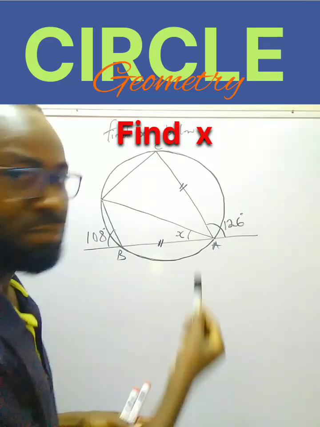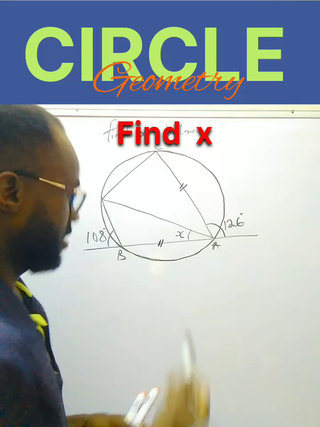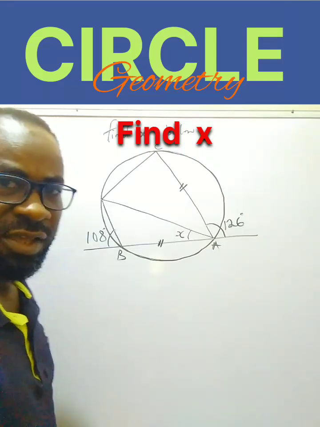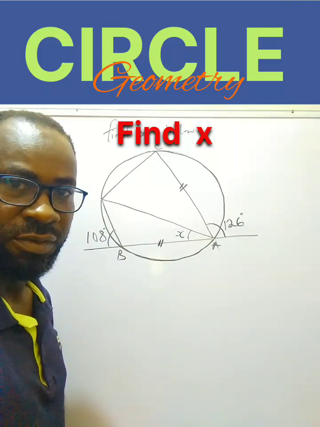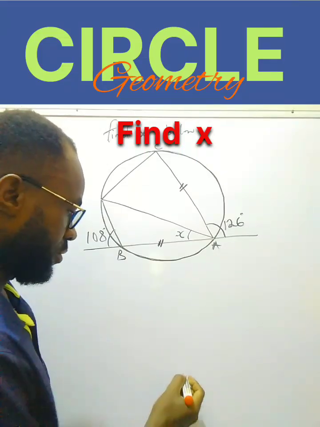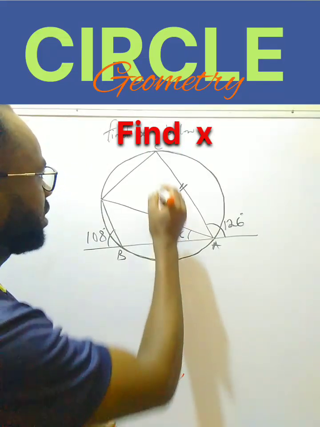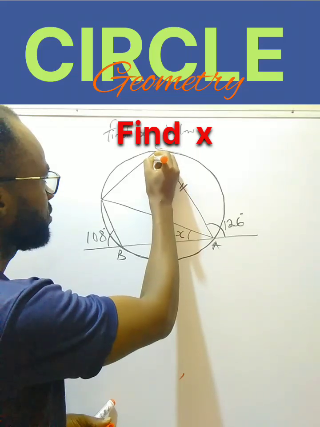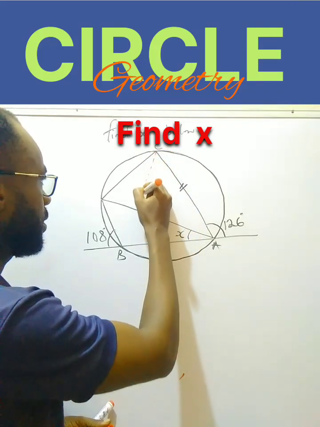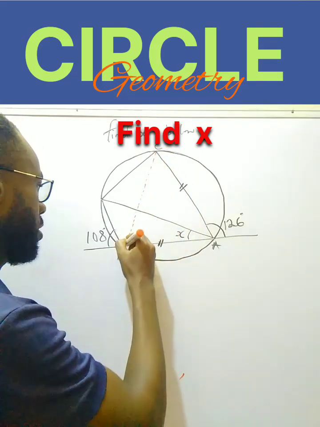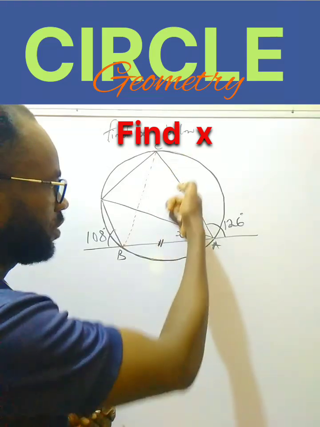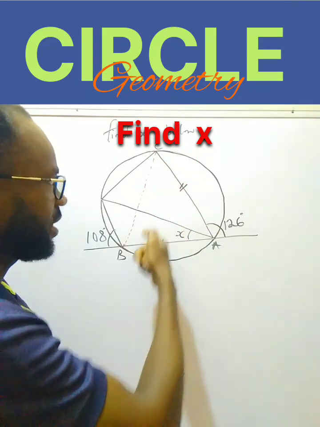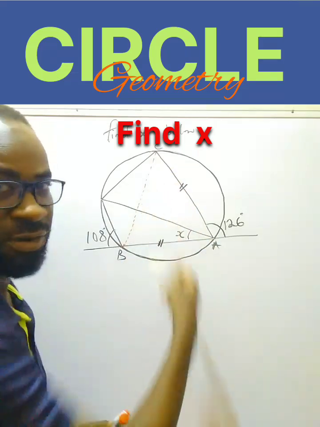Since they have marked here and here, it simply means that they are trying to give us a clue. And what is that clue? They are trying to tell us that if we can construct a line here, then we will form an isosceles triangle.